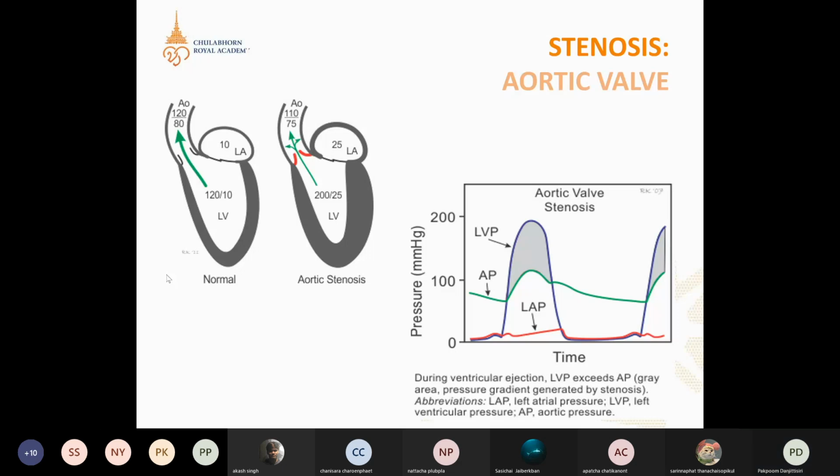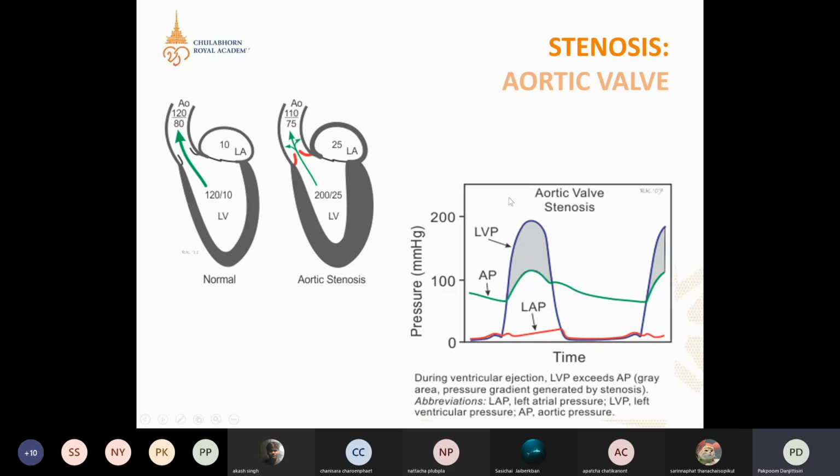So the LA develops a higher pressure than normal. You will see that from 10 to 25.